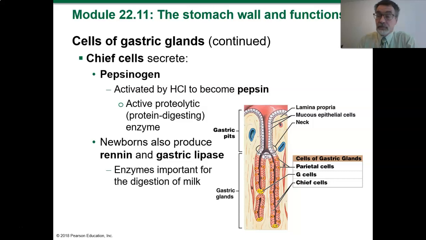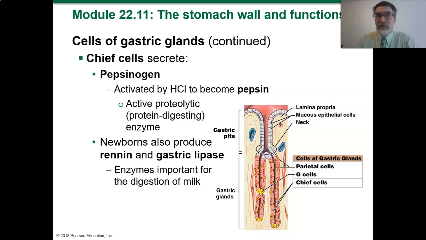These cells in newborns can produce an enzyme called renin, which is necessary for milk digestion in newborns. Since newborn babies are primarily, through evolution, designed to feed on breast milk. Not that all babies are fed breast milk, but the formula simulates breast milk components.